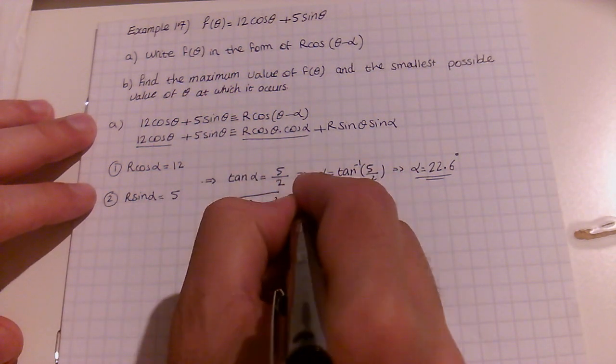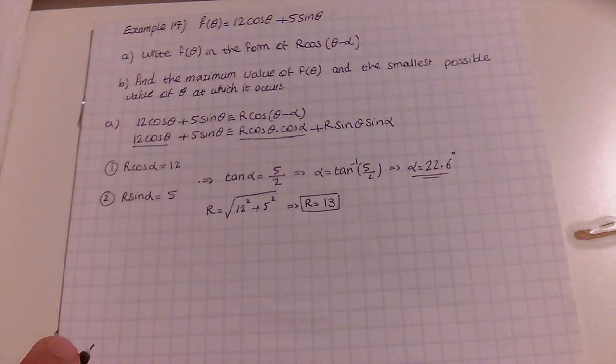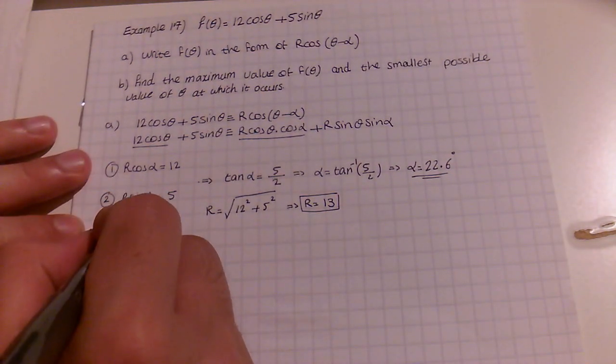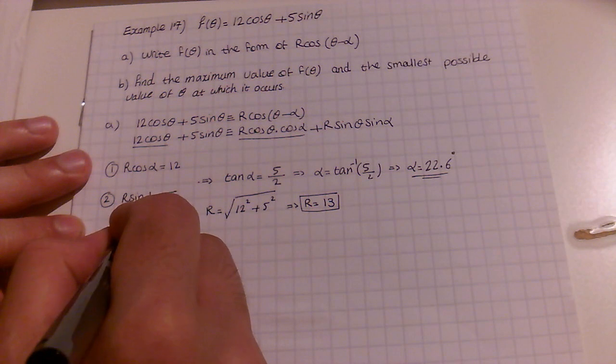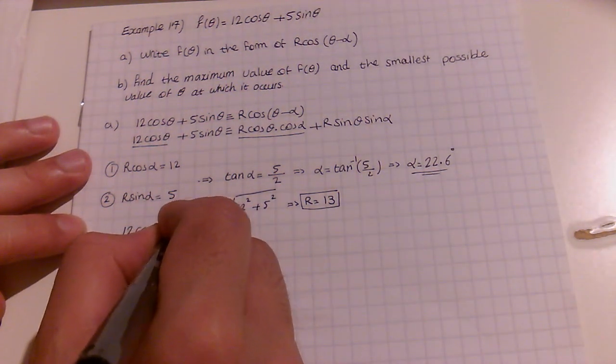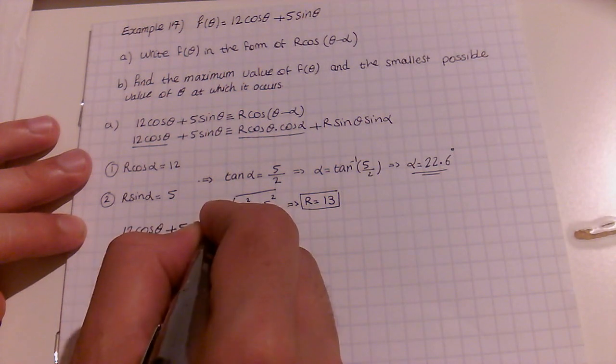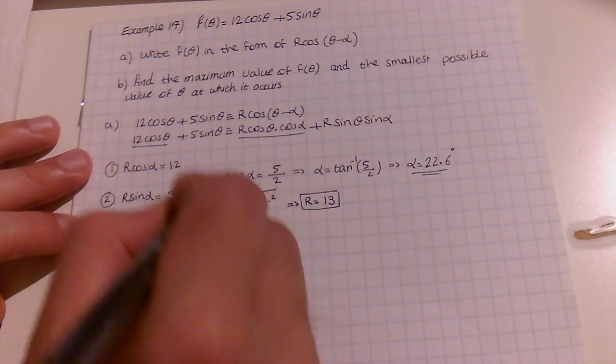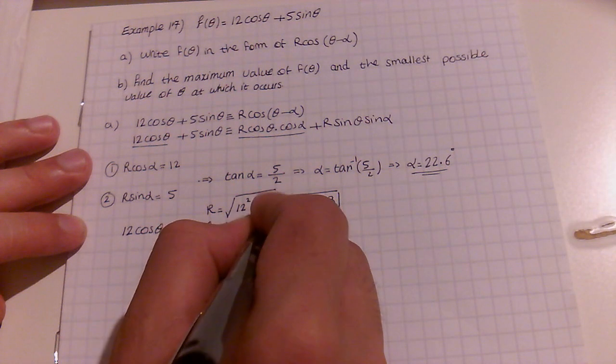Always remember that r is a positive number and alpha is between 0 to 90 degrees. Using the short method, we know that 12 cos theta must be equal to this one.